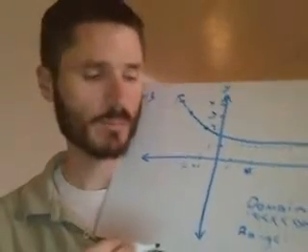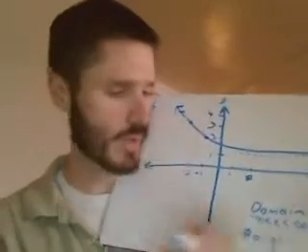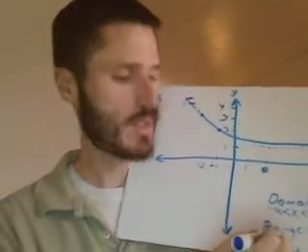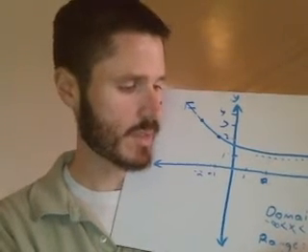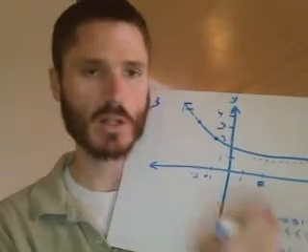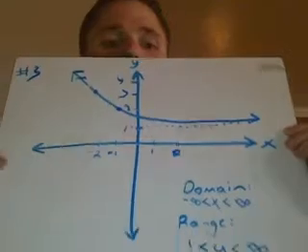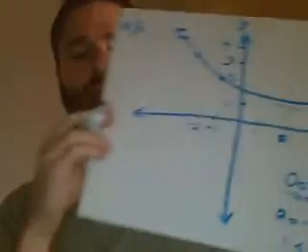So how would we write that? Well, the variable that we're working with is y for the range. The smallest range is 1, and the largest is infinity, because it keeps on going forever and ever. So our range would be 1 is less than y, which is less than infinity.